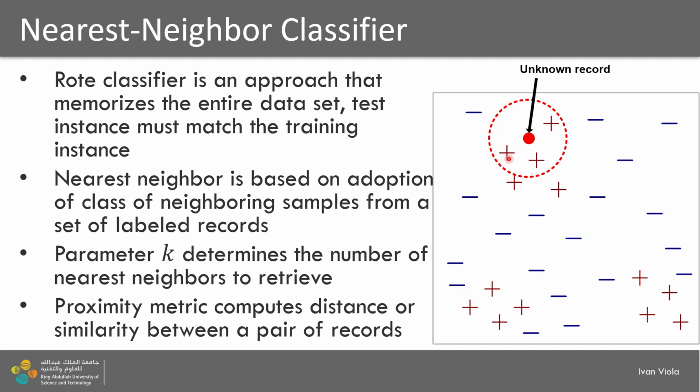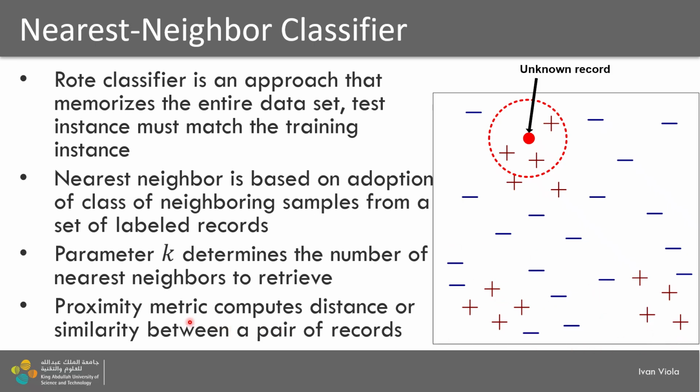What class is the unknown record classified with? In order to define nearest neighbors, we need some kind of proximity metric, which computes the distance between our unknown record and the known records in our entire training set.